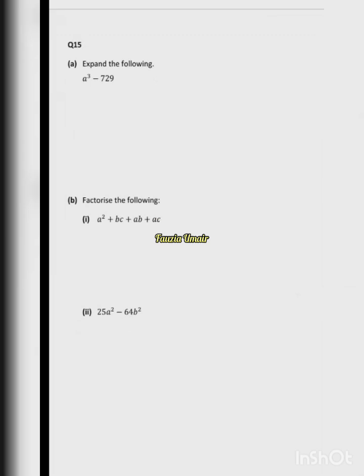Question number 15 is basically a question of expand and factorize. In the first question, expand the following: a cube minus 729. This is a formula which we have not done till now.